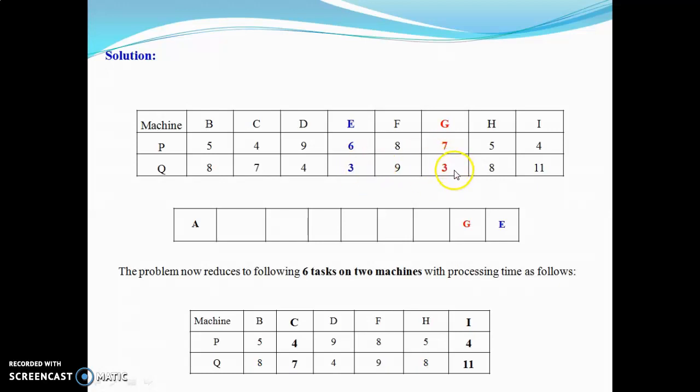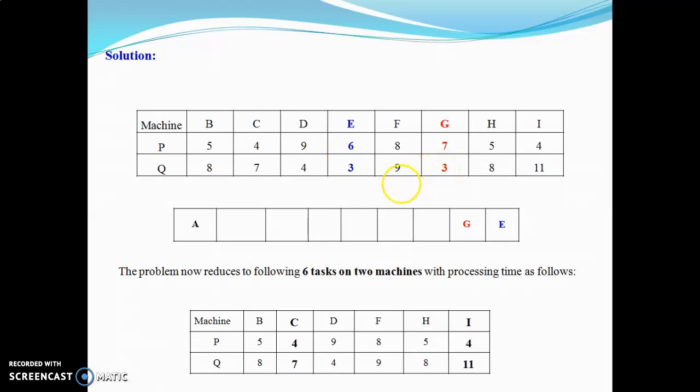There are 2 minimum processing times, for tasks E and G, both on machine Q, here 3 and also 3.